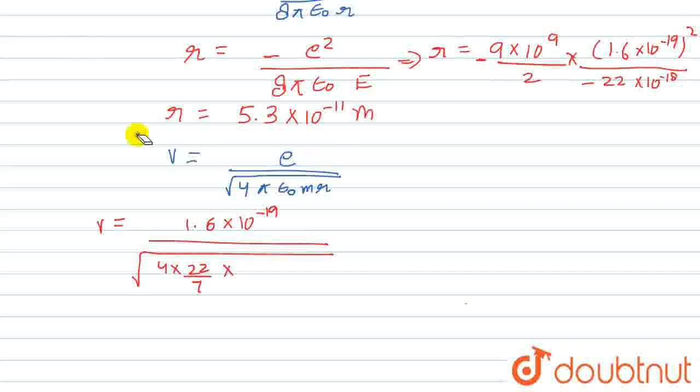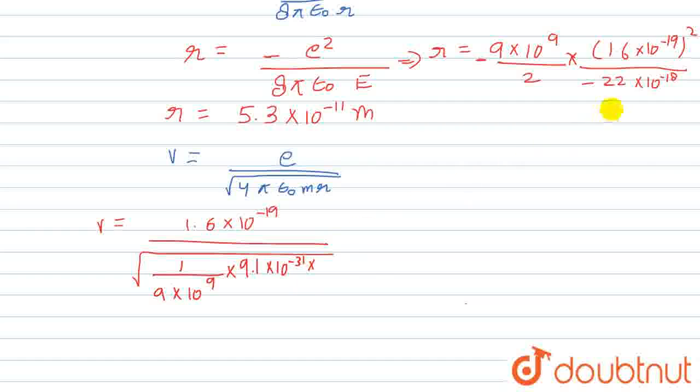We can write the value of 4 pi epsilon naught over here, so 1 upon 9 into 10 to the power 9, multiplied by the mass of electron, 9.1 into 10 to the power minus 31, multiplied by radius.